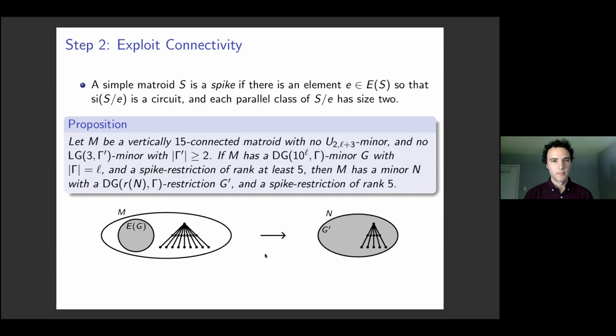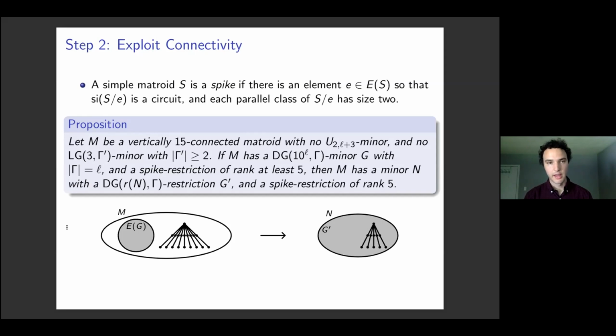And I'll just point out why this is tricky. So this Dowling geometry minor G, it's associated with some contract set. And if that contract set contains the tip of this spike, then we could be in trouble.